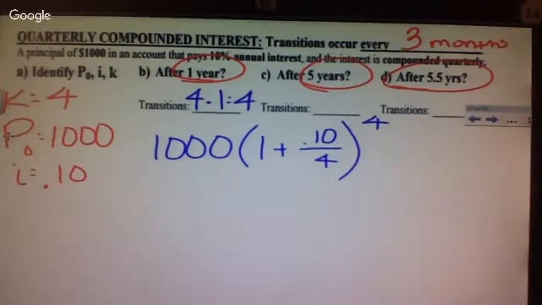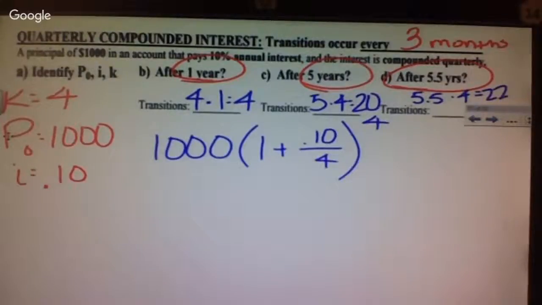For C, if I'm doing it 5 years, 4 times a year, 20. 5 times 4 is 20 transitions. I'm getting my money 20 times. If I do it 4 times a year for 5.5 years, 22.